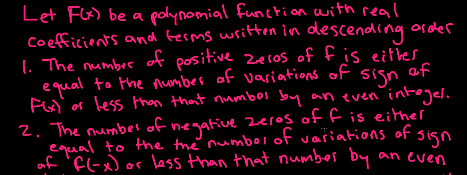So what this is saying is that the total number of positive zeros for a function of x is equal to the number of changes of sign, or less than that by an even integer. An even integer is 2, 4, 6. So it's going to be less than that by basically a series of 2's. So don't let that confuse you.